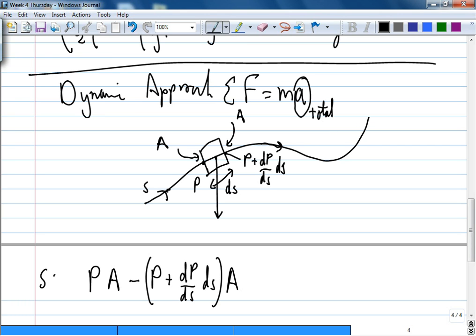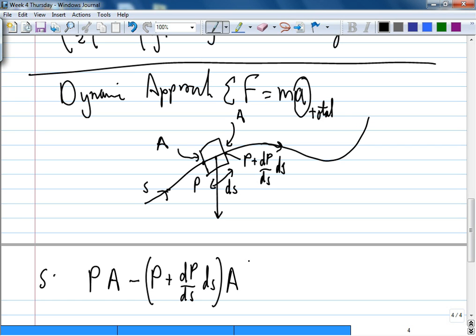This is the pressure on the back side pushing forward, and the next term is the pressure on the front side pushing back. Both sides have the same area.